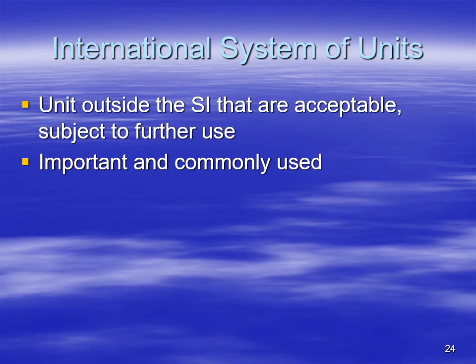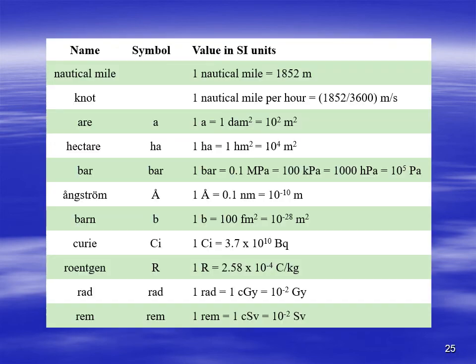And here are other units that are outside SI, but they are acceptable and commonly used, such as nautical miles and knots, which, of course, are derived units based on meters, the length. One that I've never heard of is the are. The are is 1 dam squared.